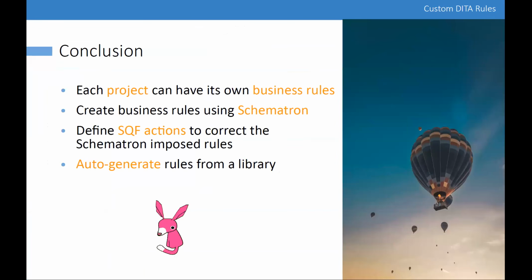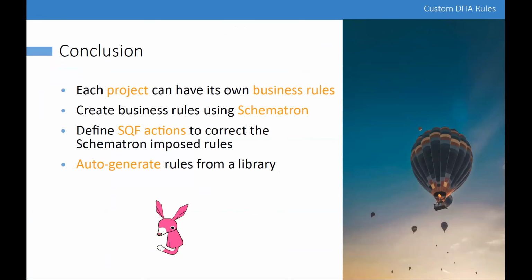So as a conclusion, each project can have its own business rules, and these business rules can be created using Schematron. Schematron is made for this purpose, and fits this definition of the business rule.